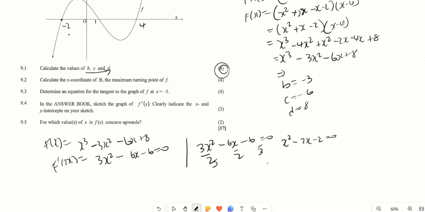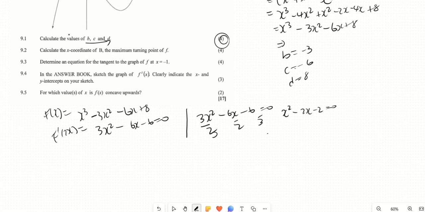Let me check this. x equals minus b plus or minus the square root of b squared minus 4ac, over 2a. So you write the values here, you will find it's going to be -1.